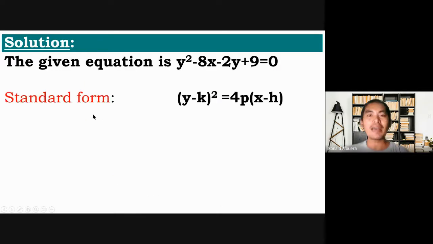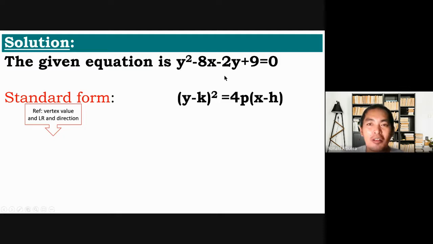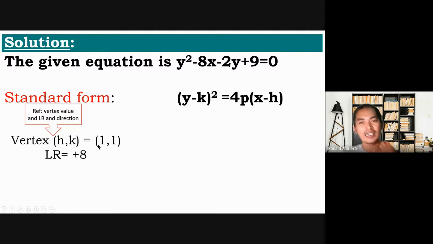Pag may vertex na kayo, the equation is the standard form, okay? Paano natin naman makukuha ang standard form nito? So, lahat ng may variable y, kasi second degree, reference natin ay vertex value and LR in direction. Our vertex is 1, 1, and our LR is positive 8.